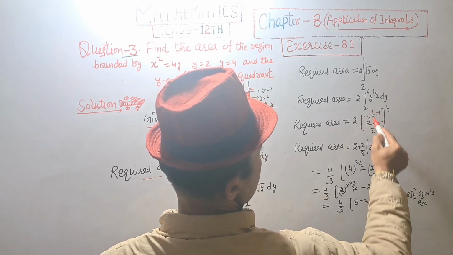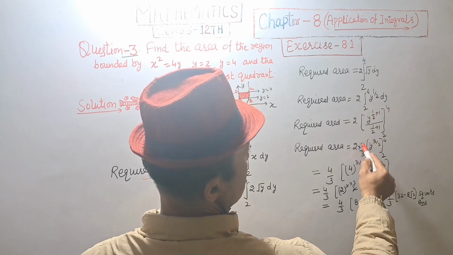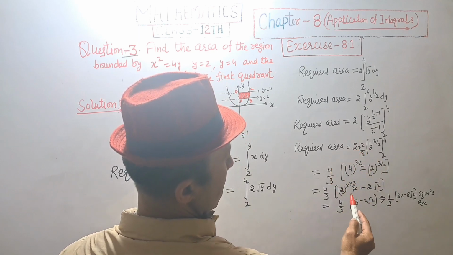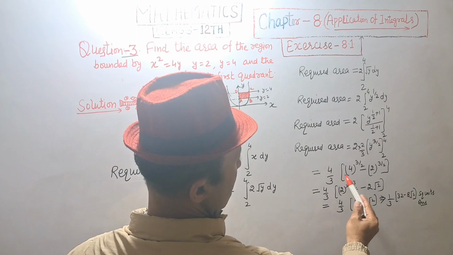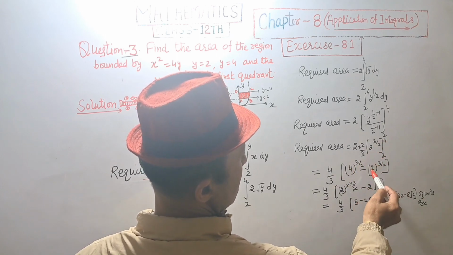1 by 2 plus 1 is 3 by 2, and 3 by 2 reciprocal is 2 upon 3. So 2 into 4 upon 3, and we are putting y in upper limit minus lower limit.